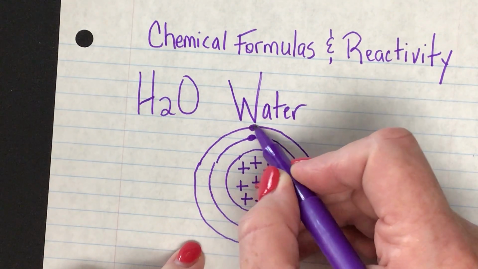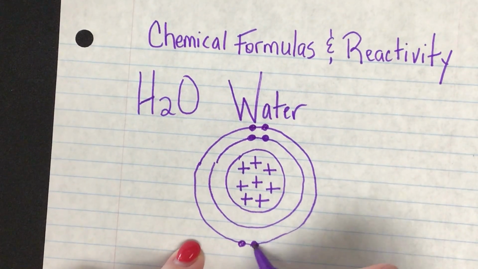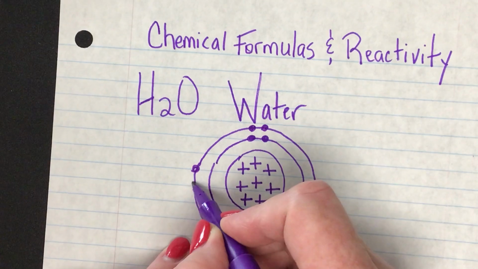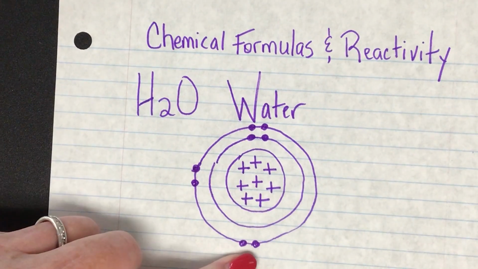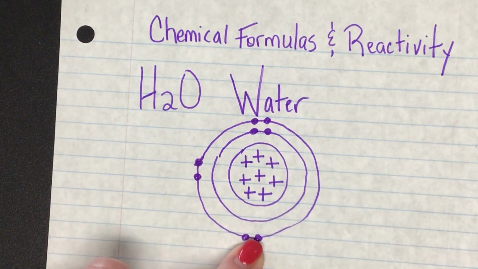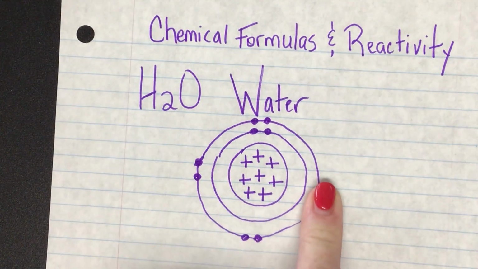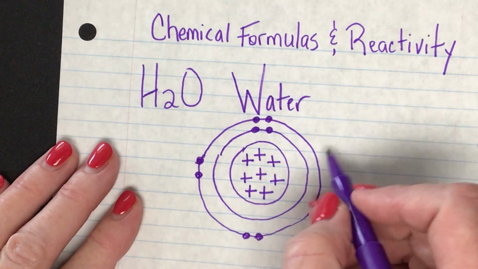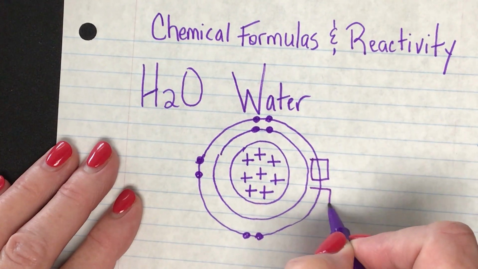So we have 6 out here. So 2, 4, 6 valence electrons. How many more valence electrons does oxygen need to have a full outer shell? Very good, it needs 2 more. So we're going to draw a space for the 2 it needs.